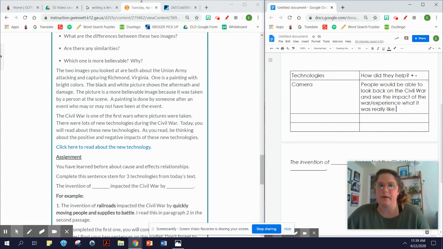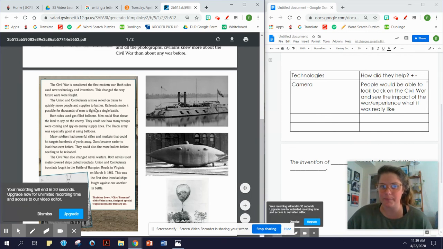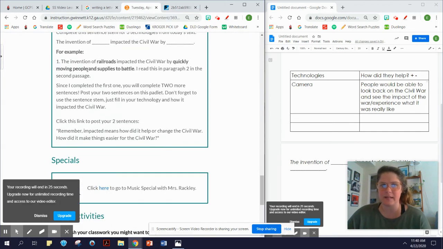I also know that when I read this earlier in paragraph 2, I read that the Union and Confederate armies relied on trains to quickly move people and supplies to battle. So I created a sentence here as an example that says, the invention of railroads impacted the Civil War by quickly moving people and supplies to battle. I read this in paragraph 2 in the second passage.